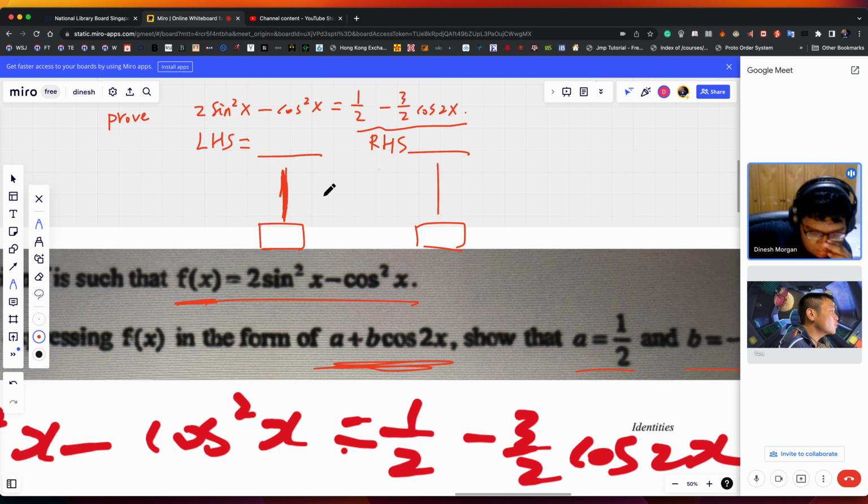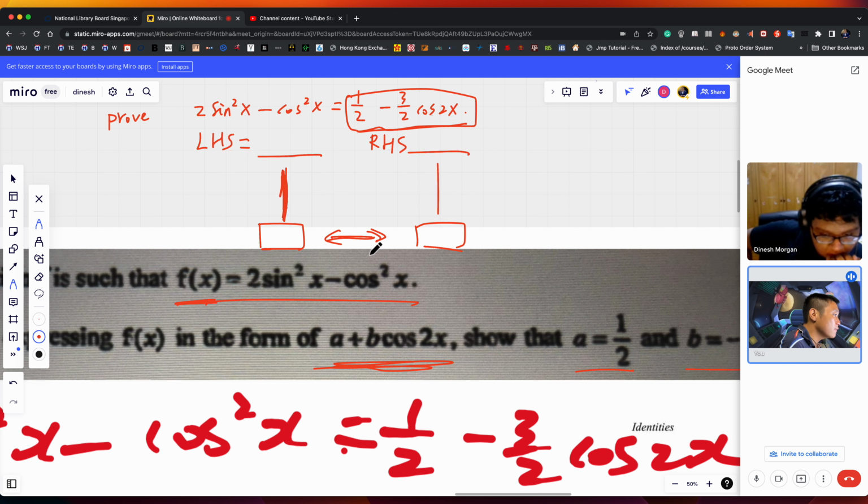This is the approach I want you to learn, because sometimes it's really hard to prove the left hand side to the right hand side in its original format. If you can't do that, then you can try to convert the left hand side, and then do something to the right hand side, and somehow if you see that they meet along the way, then you can reverse engineer, work backwards.